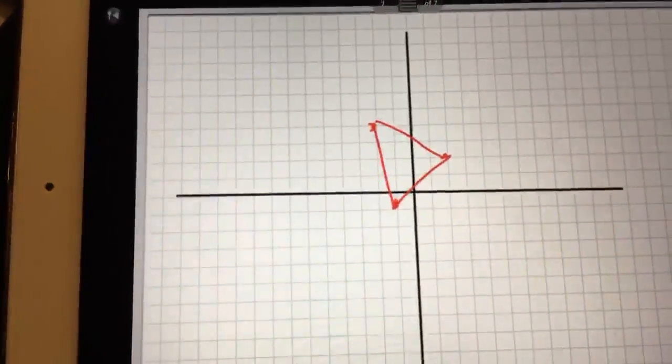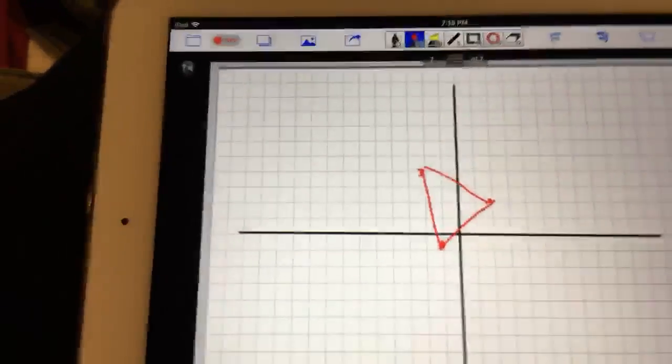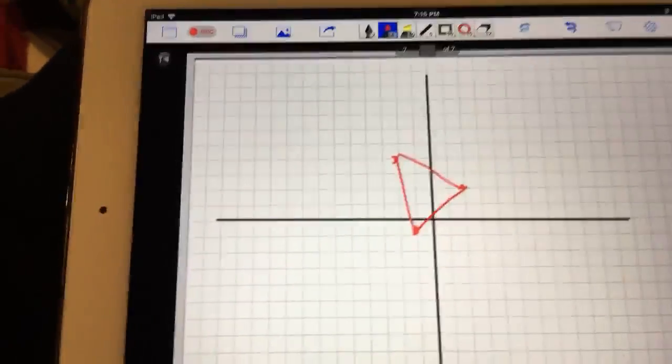There is an easier way to find the area of a triangle using coordinates. I do not think we know it.